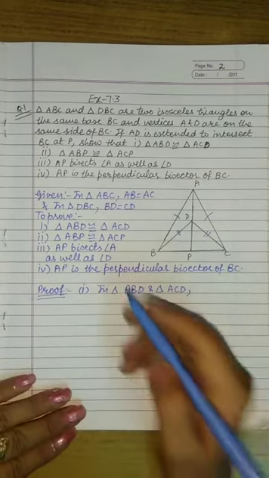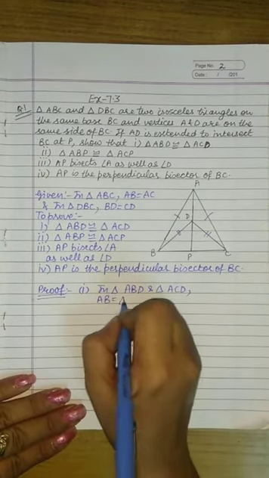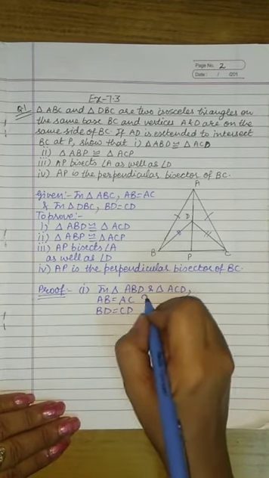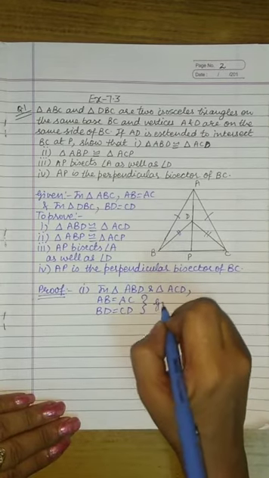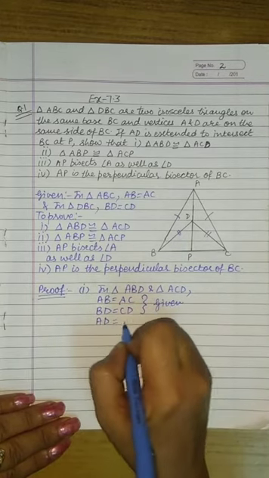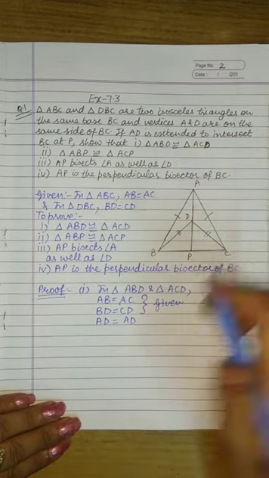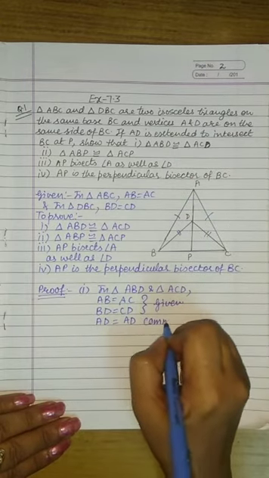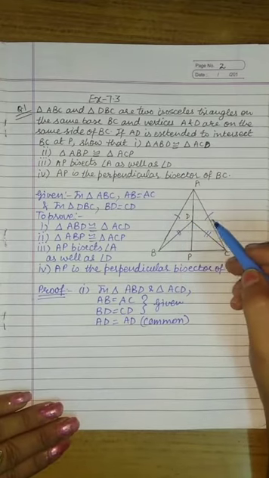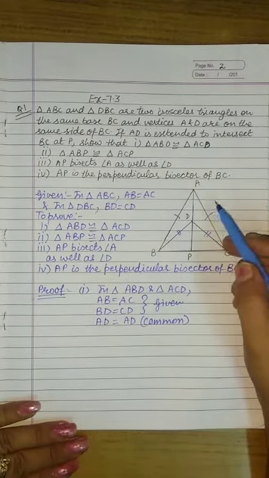So we will write AB is equal to AC and then BD is equal to CD. These two conditions are given to us in the question. And third is AD is equal to AD. This side is common to both, so we will write common. It means all the three sides of one triangle are equal to all the three sides of the other triangle.